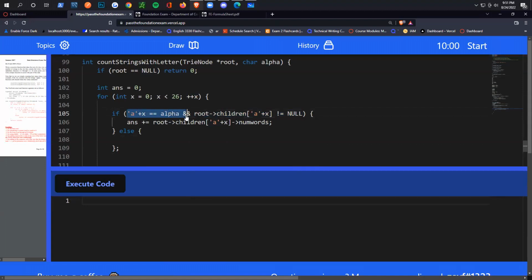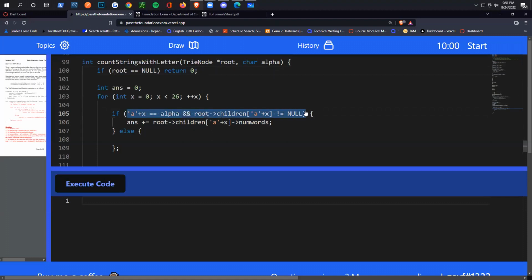Let's say only this is not true. We're not at the current letter that we're looking for, meaning it doesn't matter. We're going to keep on going because we can't just stop at this point. And right here, if it's equal to null, then we can't arrow into it, meaning just keep on going. We're just going to skip it. And if we skip something that's null, it doesn't matter because it just equals 0. So we're all good there.